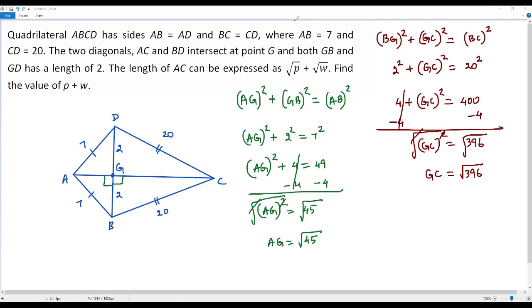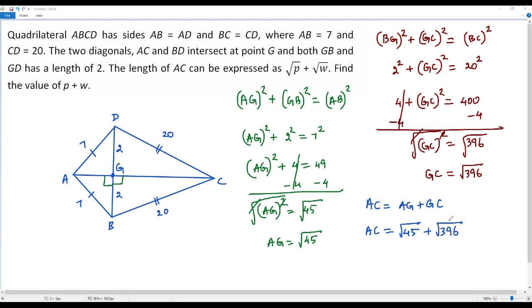To get the length of the diagonal AC, we have to add the lengths of AG and GC, that is AG plus GC. Here AC equals the square root of 45, which is AG, plus the square root of 396, which is GC.